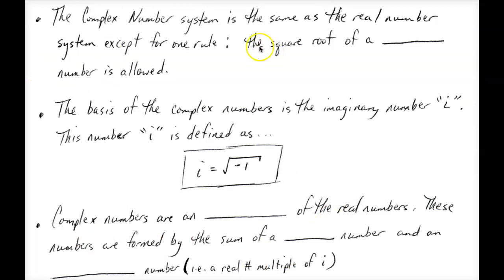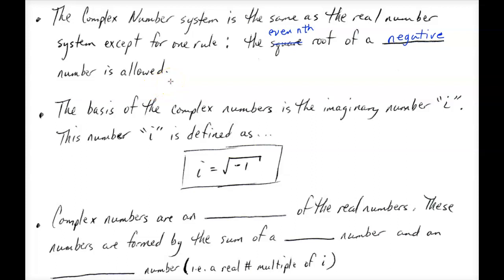All right, so we know that the complex number system is the same as the real number system, except for one rule: the square root of a negative number is not allowed. And to be specific on this, it's more than just the square root of a negative number. I really should be saying the even nth root of a negative number is allowed, okay?